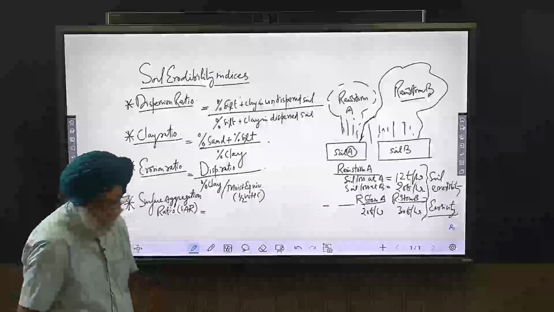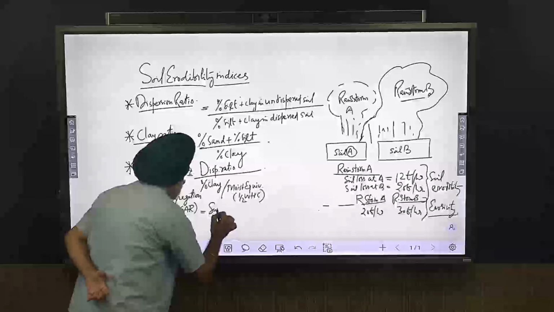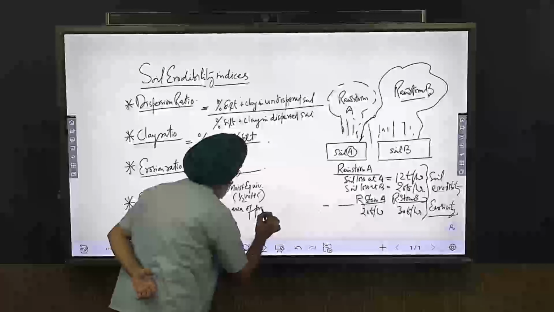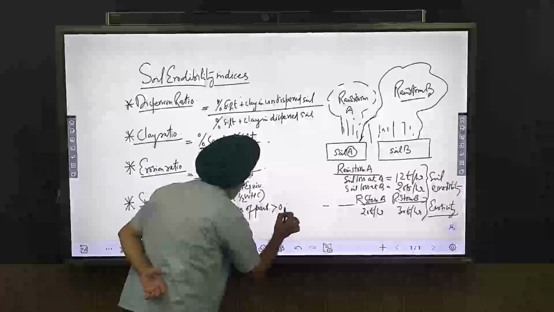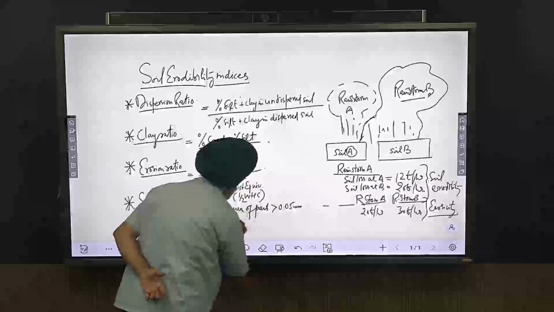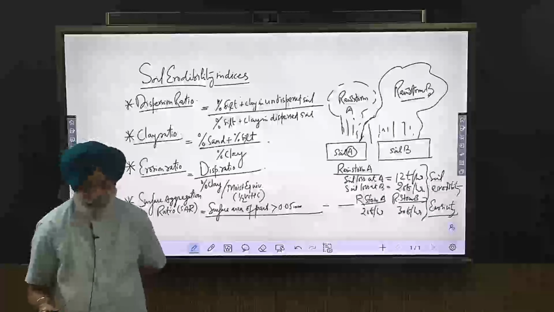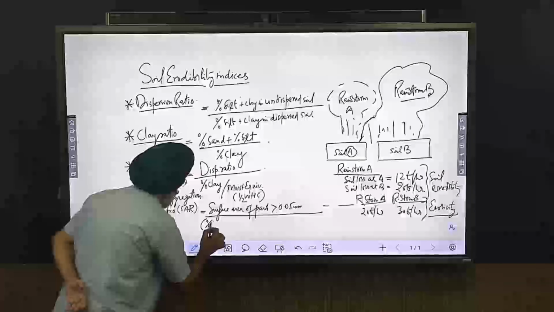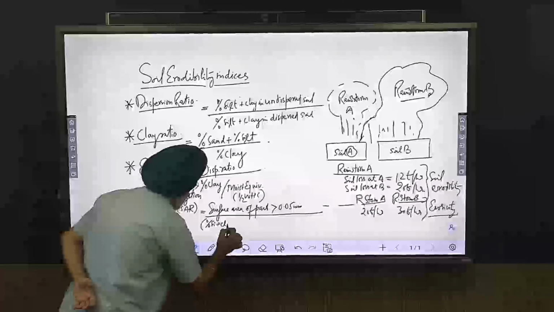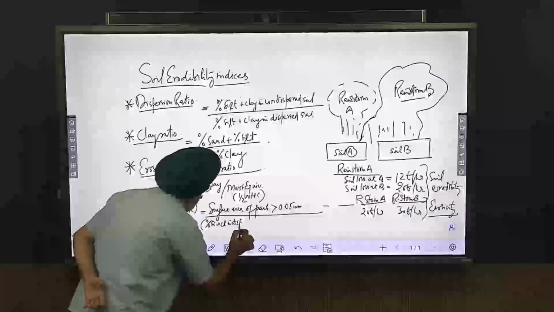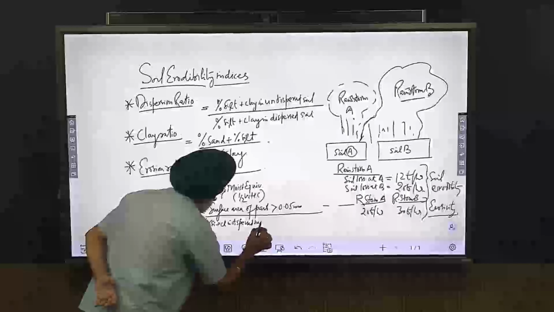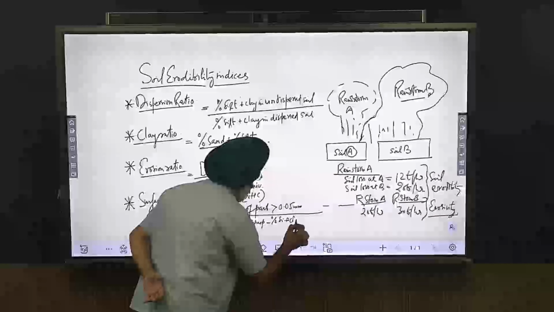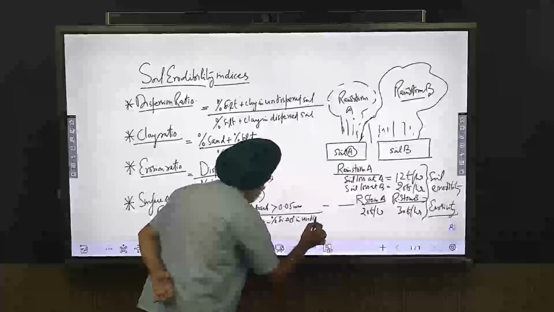This is the ratio of surface area of particles greater than 0.05 millimeter to percent silt plus clay in dispersed suspension minus percent silt plus clay in undispersed suspension.